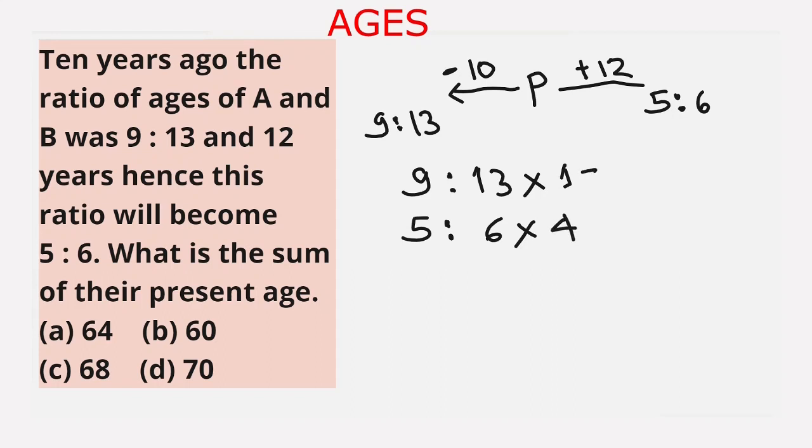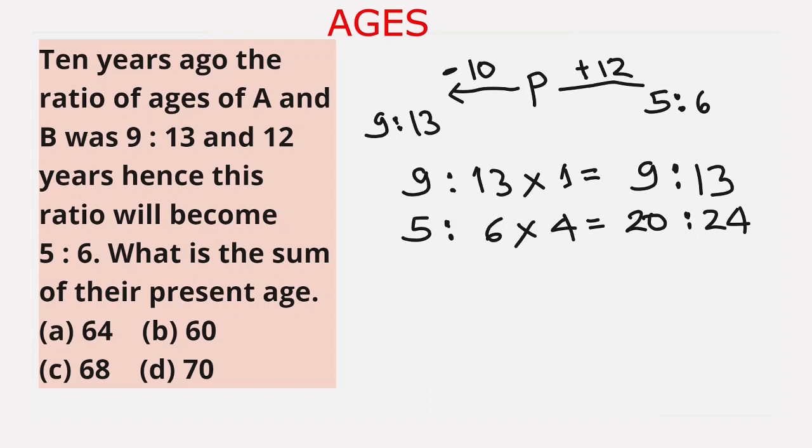So we get 9:13 as it is, and 5:6 comes out to be 5 times 4 is 20, and 6 times 4 is 24. Now both the differences are equal, 9 and 13 as well as 20 and 24. Now 9 to 20 is a difference of 11, and 13 to 24 the difference is also 11.